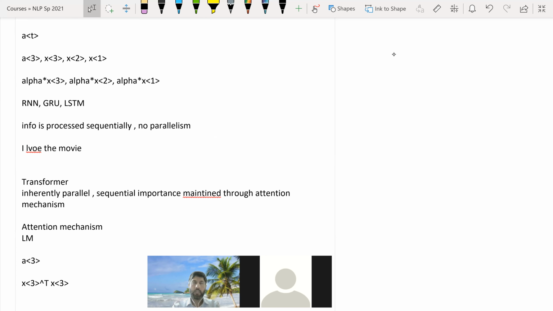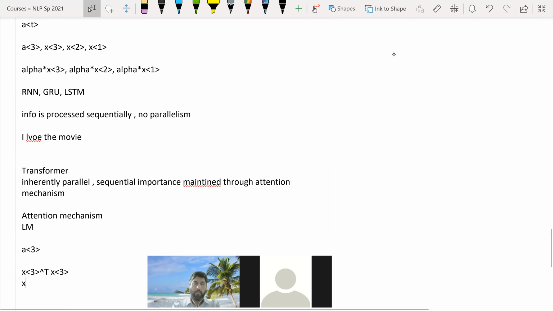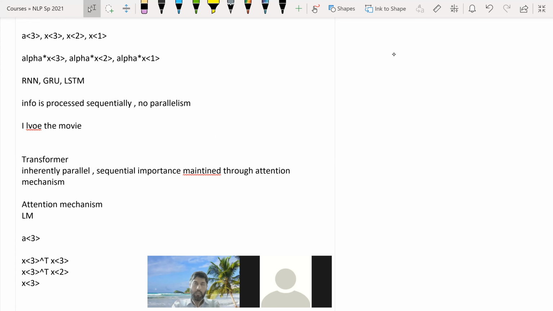So if you want to find the importance of X3 with itself, you can take the inner product with X3. Similarly, if you want to find the importance of X3 with X2, you take the dot product with X2. If you want the importance of X3 with X1, you take the dot product with X1. So all these three values will be scalars. Why are we taking the dot product? Because dot product is similarity. You can use some other similarity as well, but this is the one most commonly used in practice. If two vectors have a large dot product, it means they are more similar.